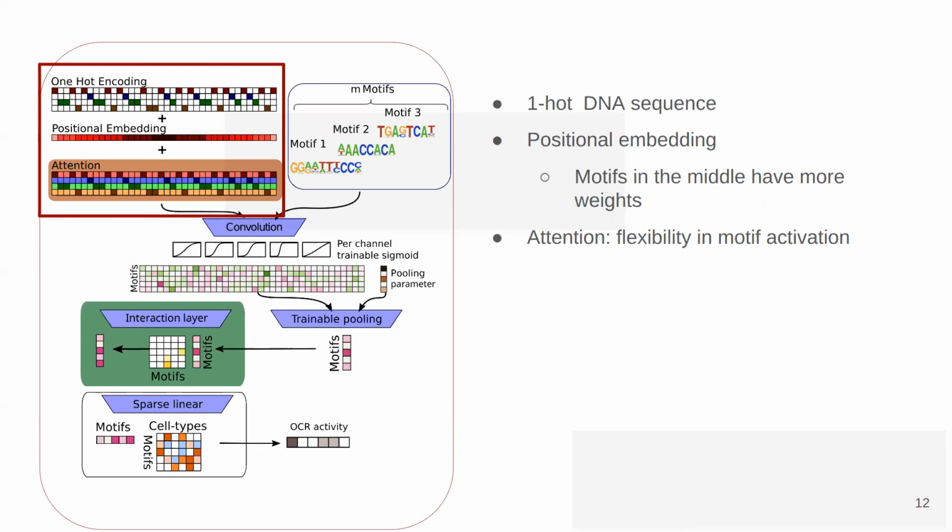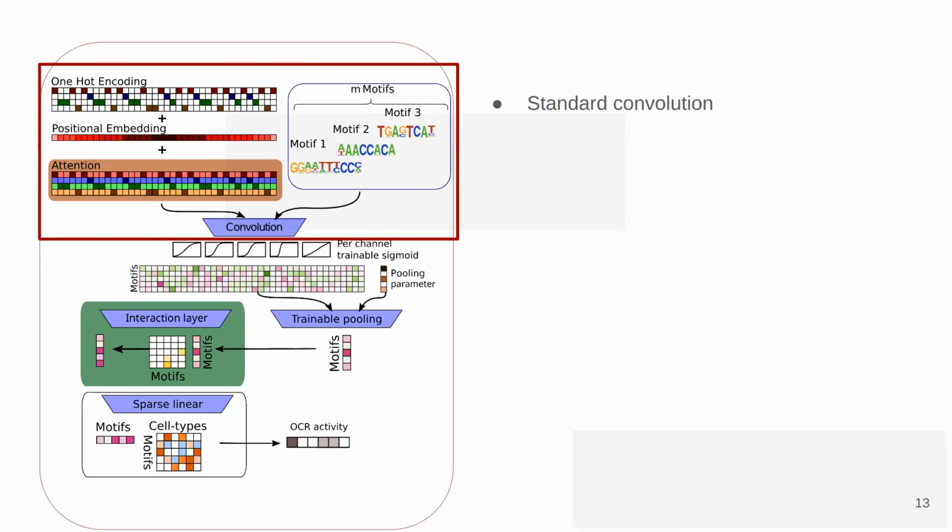We use a positional embedding to account for the fact that motifs in the middle of the ATAC signal are more important than towards the ends, but the decay is actually quite data set dependent. We also use an attention module that allows some flexibility in motif activation without losing the motif identity.